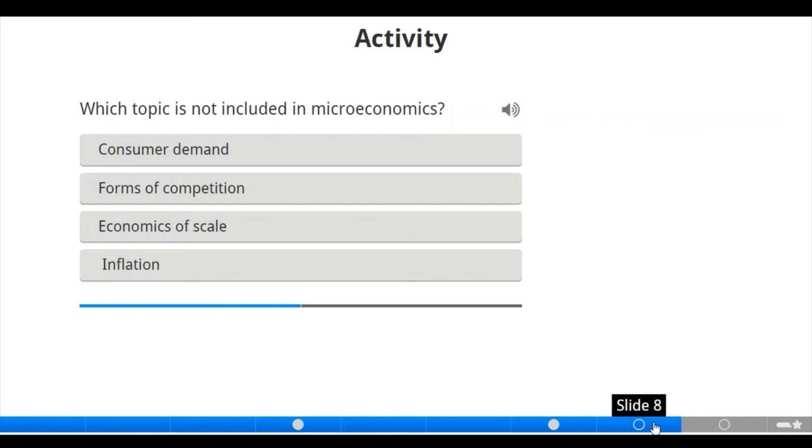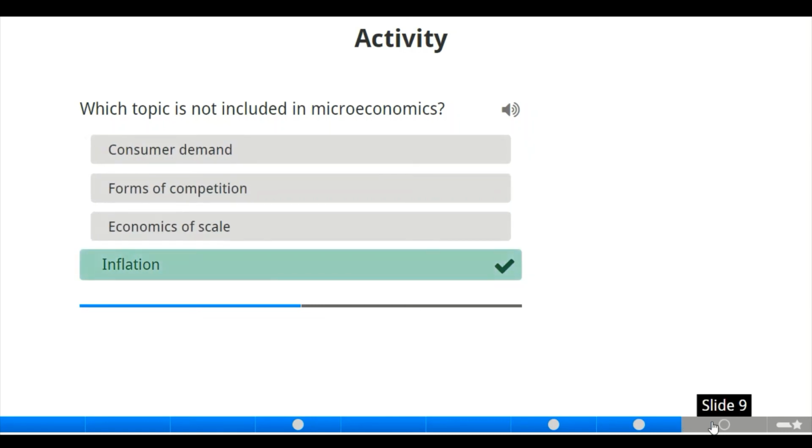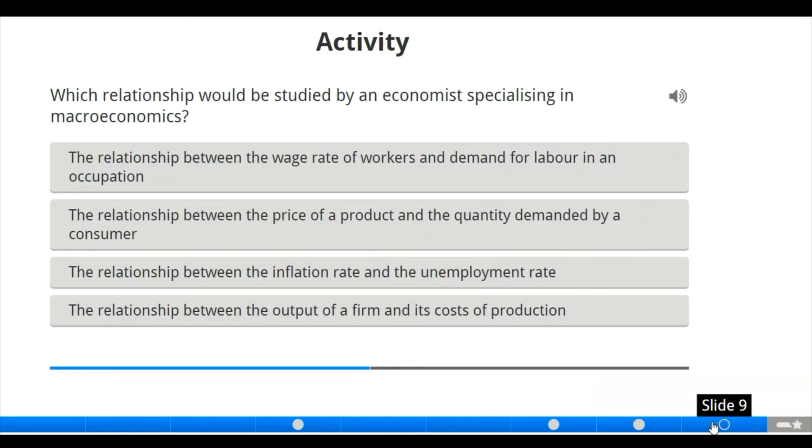Is it so? No. Consumer demand is included in microeconomics. We have forms of competition. No. Economies of scale. No. We have inflation to be our correct answer, because inflation is under macroeconomics.